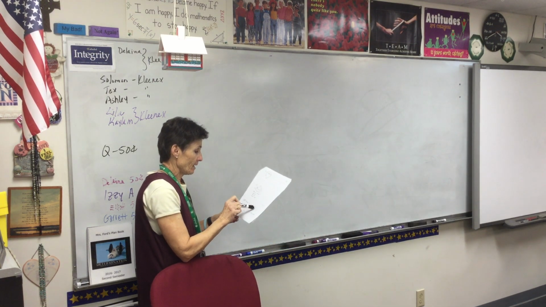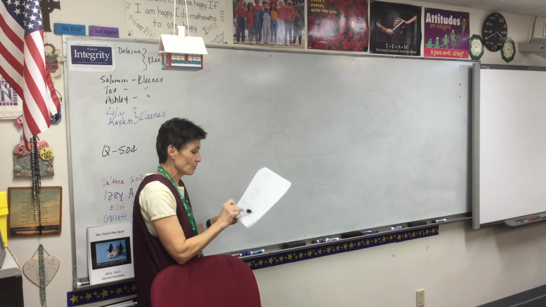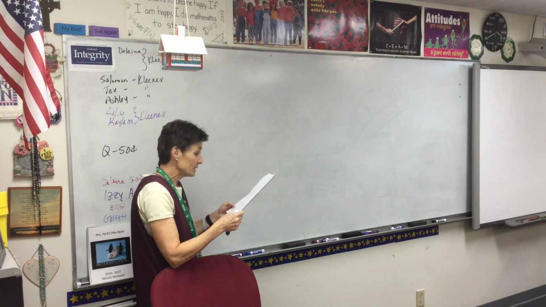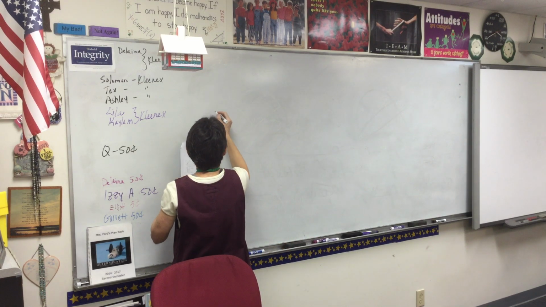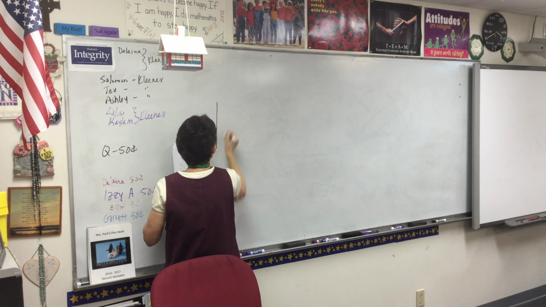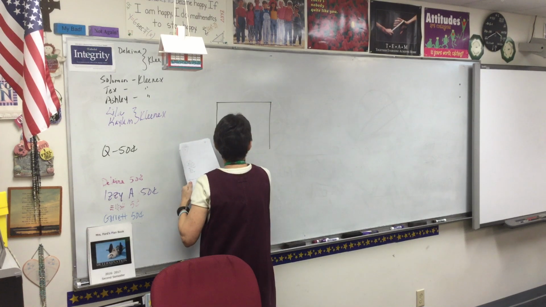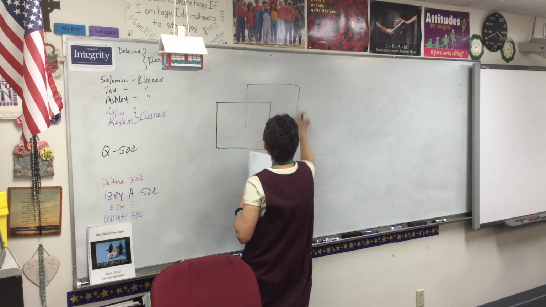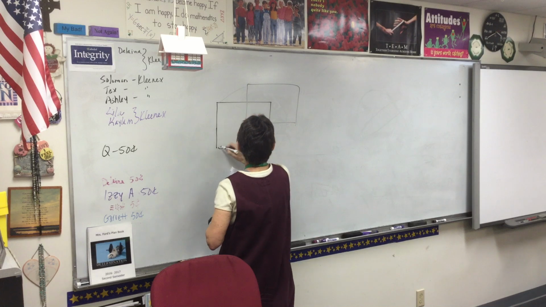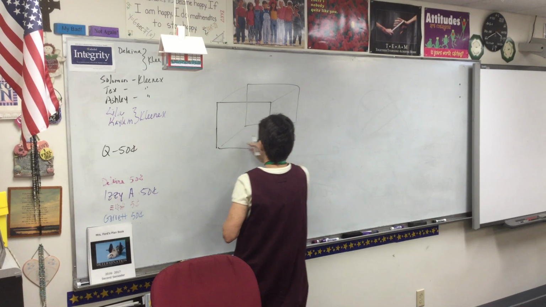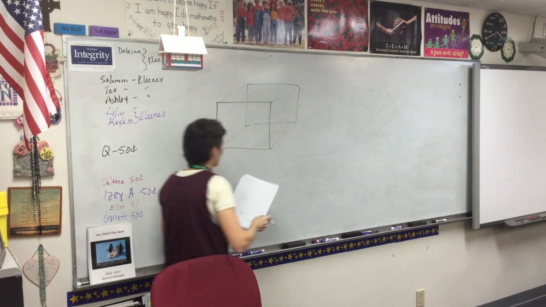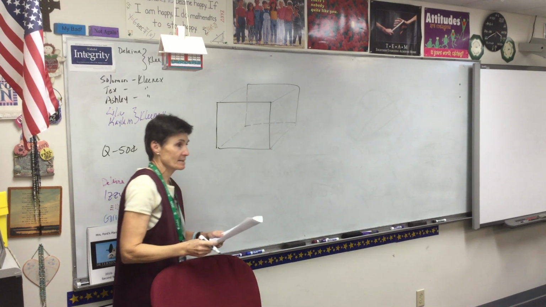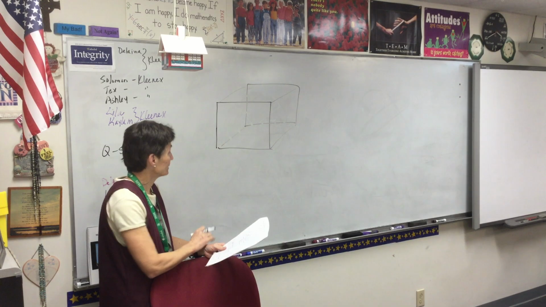And I've left a space on the notes here for you to write in the formulas, but please do add them to your note card also. So, first one we've got is what we call a rectangular solid. Okay, so here's our box basically. The rectangular solid is your box.